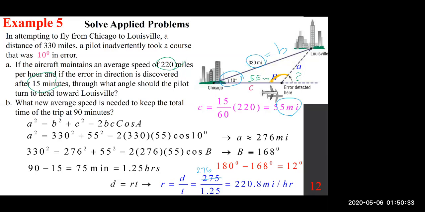And you divide it by the total time of 1.25 to get your speed. So if you do about 220.8, 221 miles per hour, you make it on time. Things like that sometimes happen, okay? So this is the process of taking care of the business. I hope everybody's okay with that.